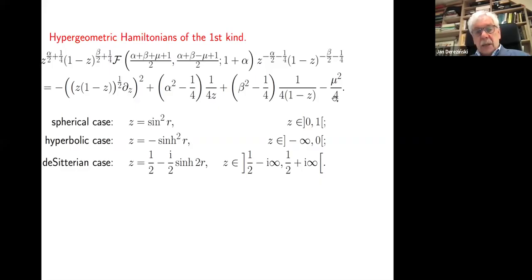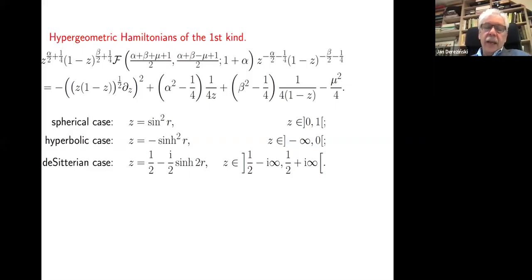Then, as before, I restrict this to an interval, and there will be three choices: a finite interval, a half line, and a line. In this case, this will be a vertical line passing between 0 and 1.